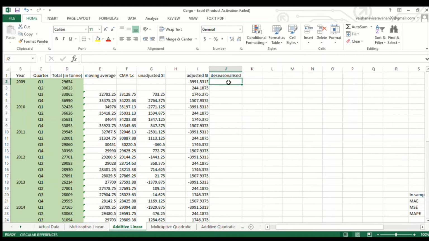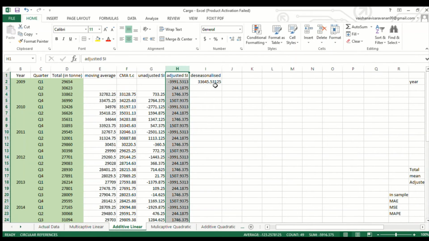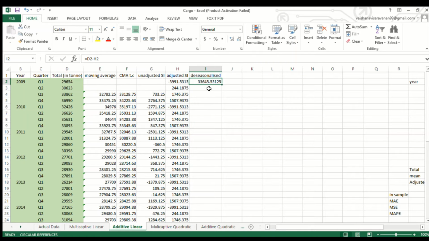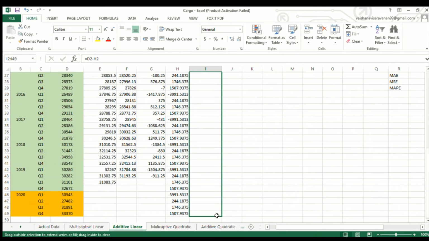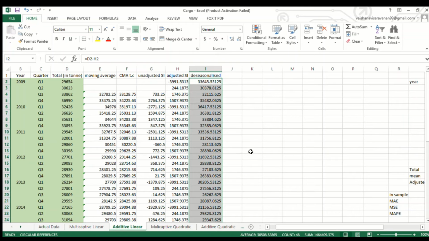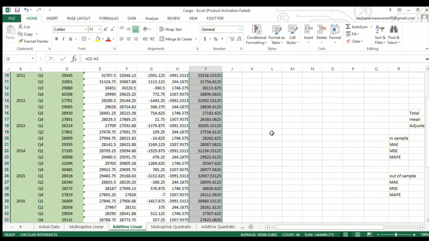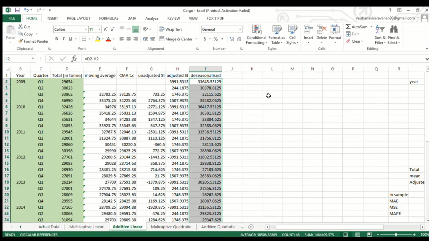For the deseasonalized value, we are going to subtract: D2 minus H2, our adjusted SI, and this will be till our evaluation part. After that, we are going to go for a trend, and before that we are going to get our plot graph first.